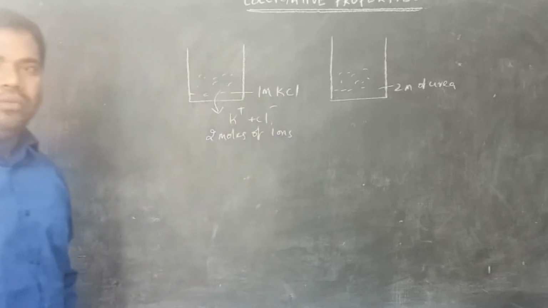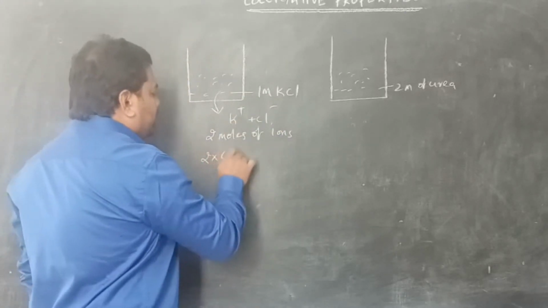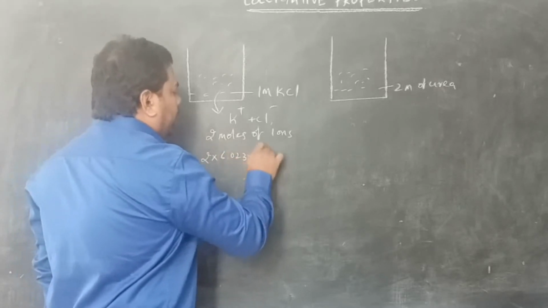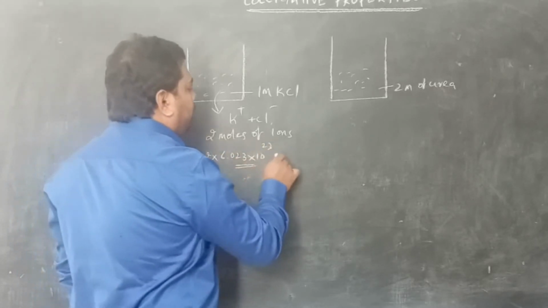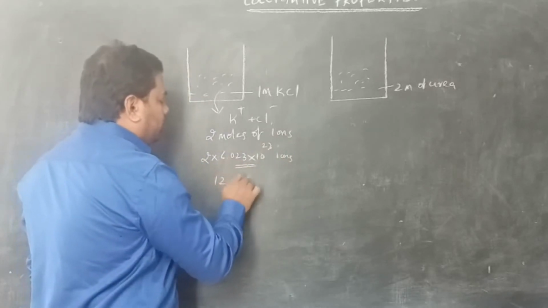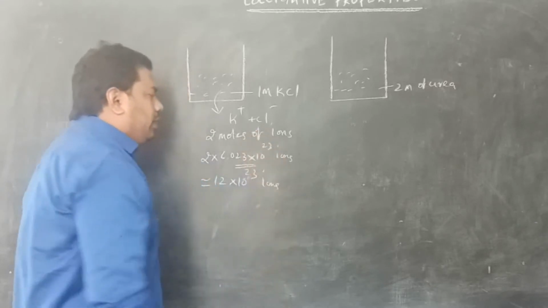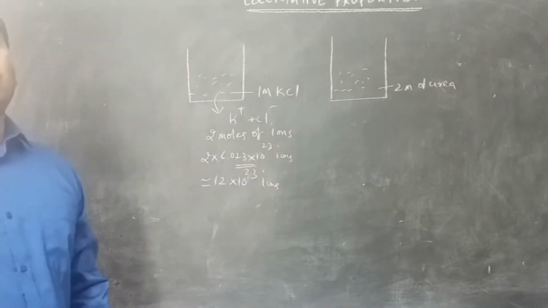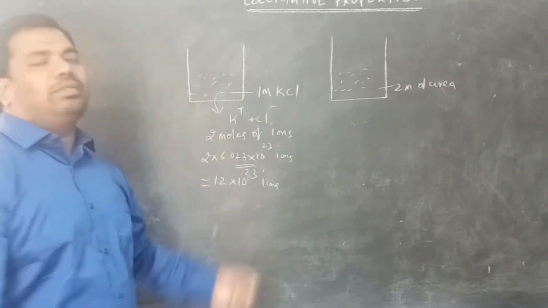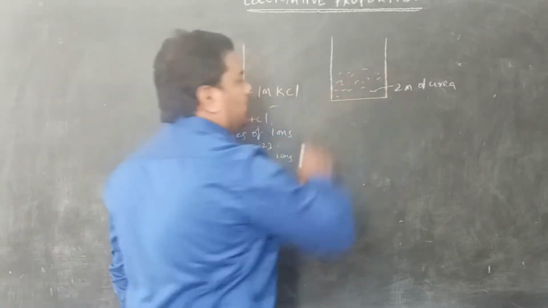2 moles of ions. So 1 mole is equal to 6.023 into 10 to the power of 23 ions. So that is approximately 12 into 10 to the power of 23 ions present. Here we have 2 moles of urea.